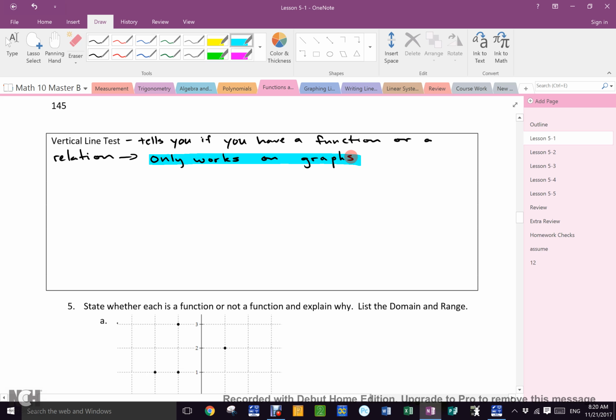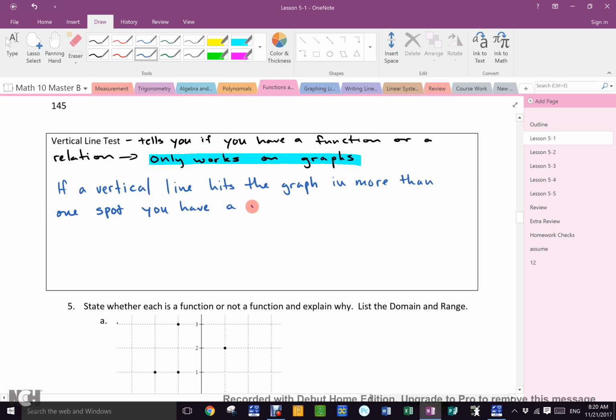So if you ever have a graph, you can do this test. Okay? And it's very simple. If a vertical, what's vertical? Right. If a vertical line hits the graph in more than one spot, you have a relation.